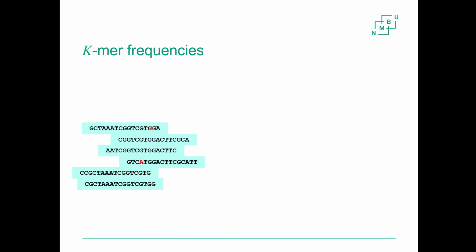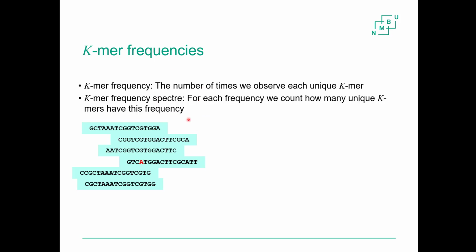So here we have again the reads, and let's now look at k-mer frequencies, the number of times we observe each unique k-mer. So actually start out by collecting all the k-mers you can find in all reads, and then count how often you see them.